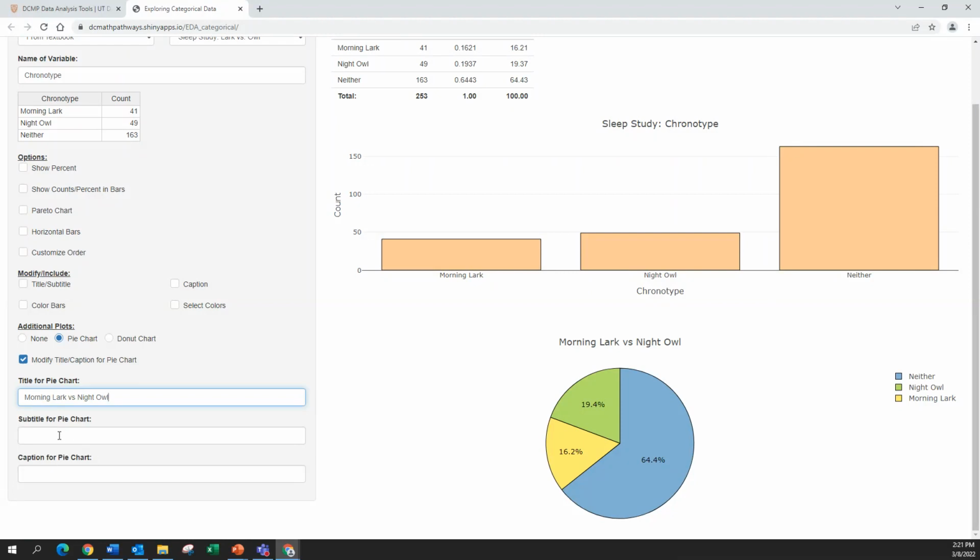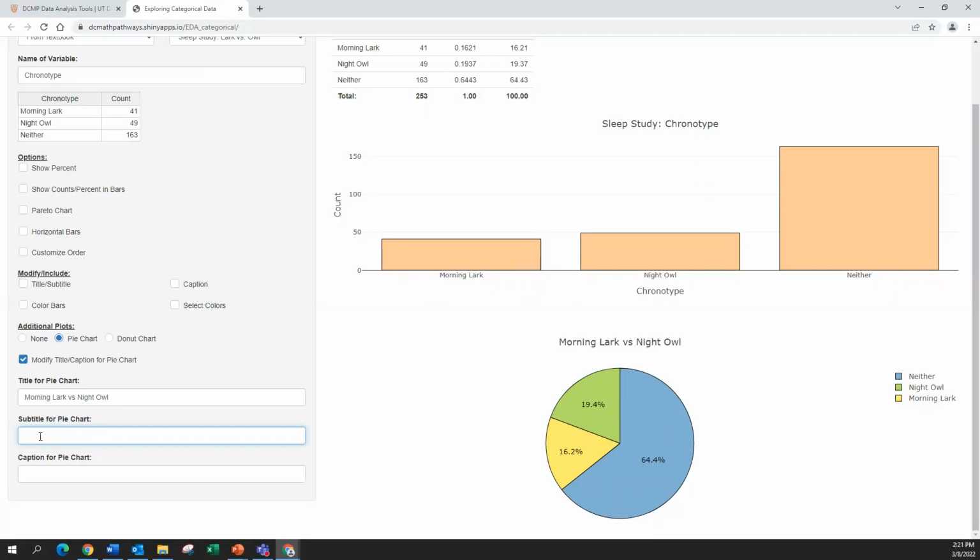And then when you use a pie chart, you should always use a subtitle. Because the pie chart uses percentages, it does not communicate how many people were surveyed. And that needs to be said. So up here at the top in the summary, I see that there was a total of 253 people surveyed.